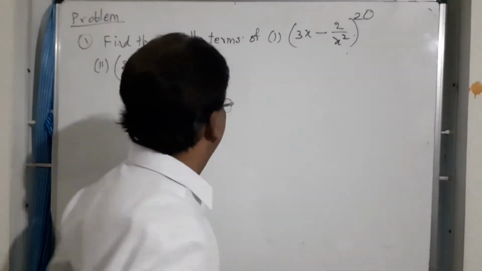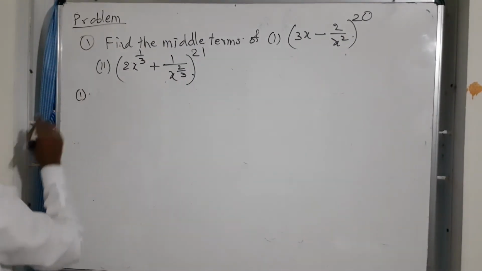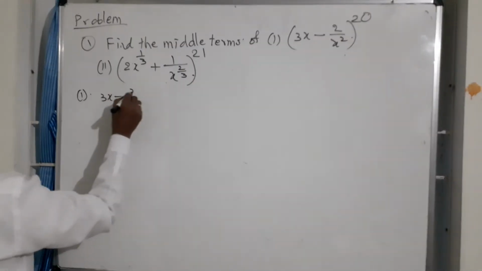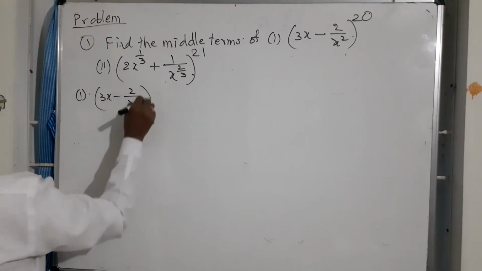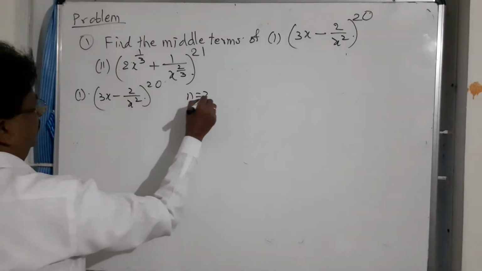Okay, middle terms. The first one, (3x - 2/x^2)^20 is given. Here n is equal to 20.